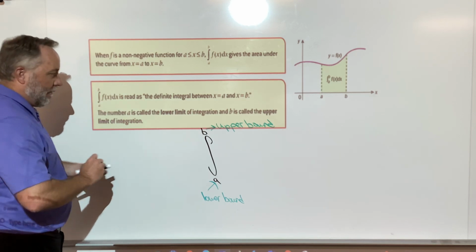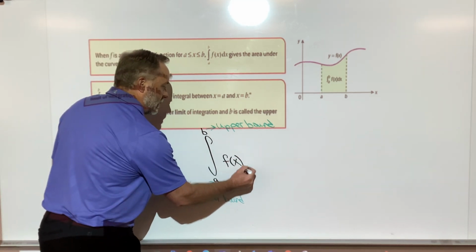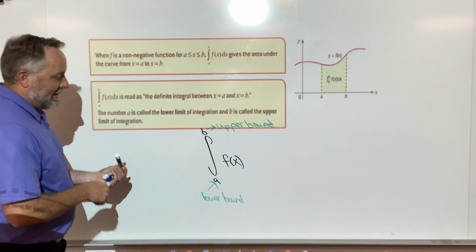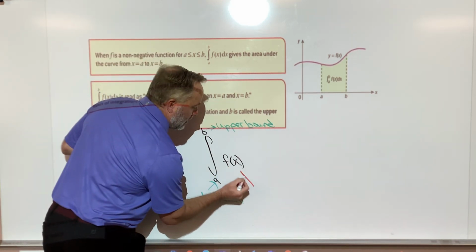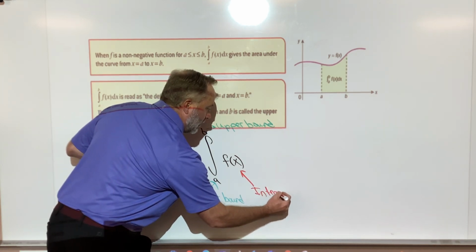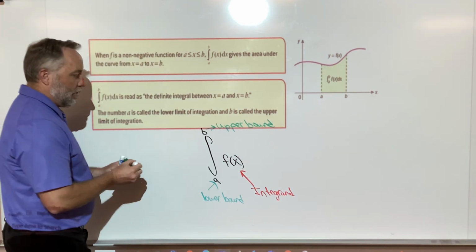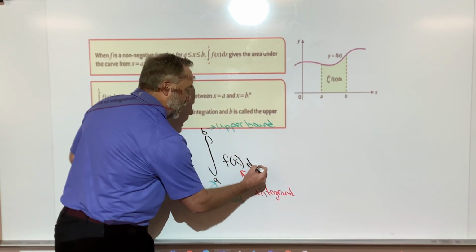Okay, and then we have the function f of x, so whatever that is, it's going to have an equation, but this is called the integrand. So whatever the function is, that's called the integrand. And then there's always this notation, the dx.